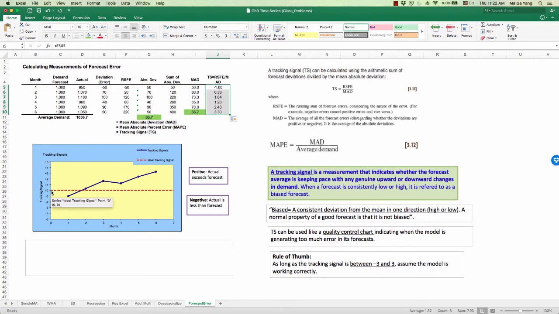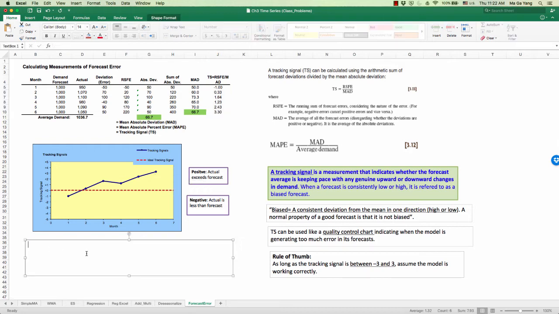And as you see here, the ideal tracking signal is 0, but usually it's okay to have negative 3 and positive 3. So look at this graph closely. The tracking signal starts from negative 1, and then changes over a period of time, all the way to positive 3.3.